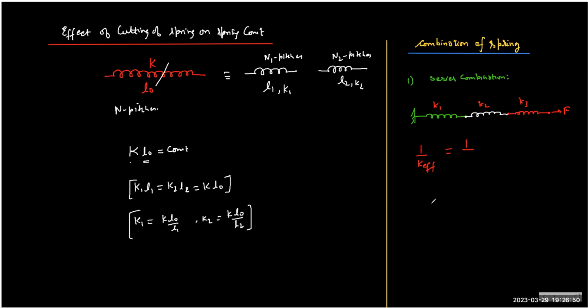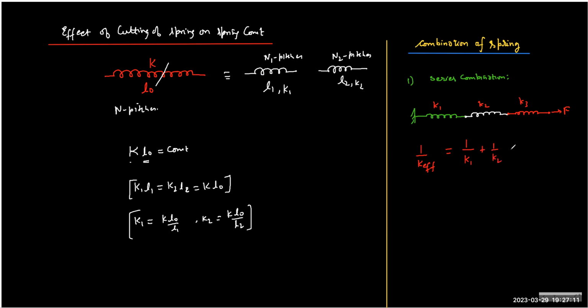When we do something in series, if you make a bigger spring in length, definitely it will be more flexible because everything adds up to some elongation, and therefore the K effective must decrease. Because K effective decreases, the inverse of that effect must grow. So we say the inverse of K will grow.